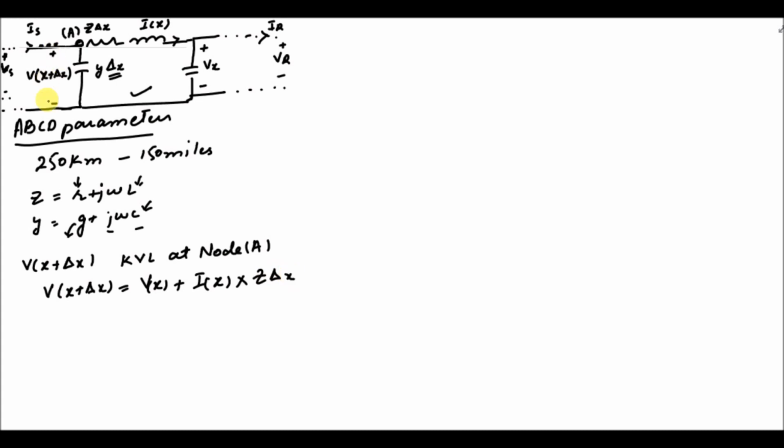So this voltage V(x plus del x) is actually the summation of the voltage Vx plus the voltage drop across the impedance z del x. So this is your KVL equation.